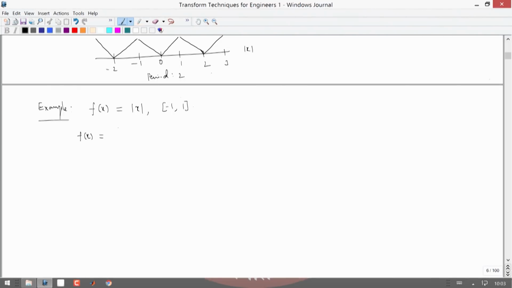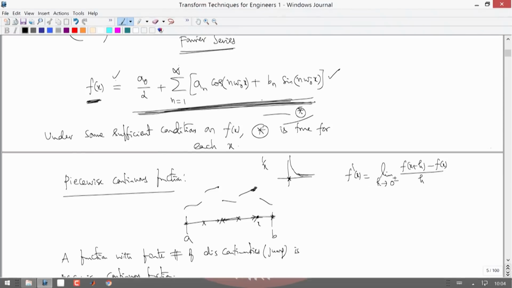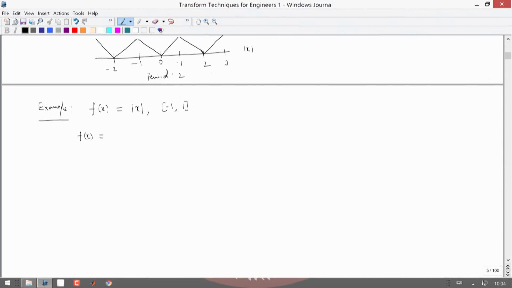For example, as I said earlier, a0 by 2 plus sigma n is from 1 to infinity a n cos n omega naught x plus b n sin n omega naught x. Omega naught is the fundamental frequency. So, omega naught is actually 2 pi by this period L, that is pi.